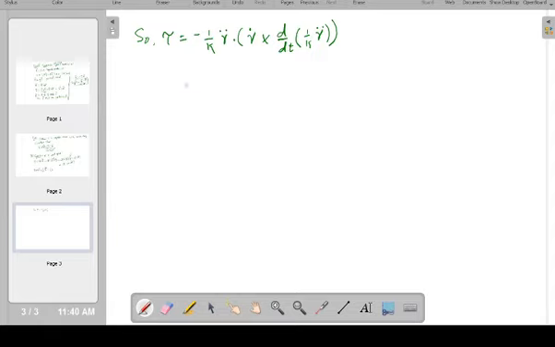Okay, so that is equal to minus 1 by kappa gamma double dot inner product with gamma dot cross, let us differentiate this with respect to t.